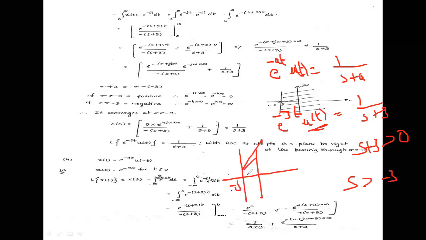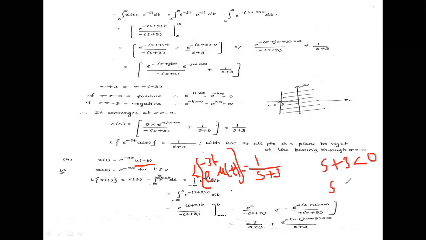Here s plus 3 is greater than 0 because of mu of t, so s is greater than minus 3. So from minus 3 onward is the ROC. For all values above minus 3, the Laplace transformation converges, or is bounded, or we can say it exists. Got it, my dear students?